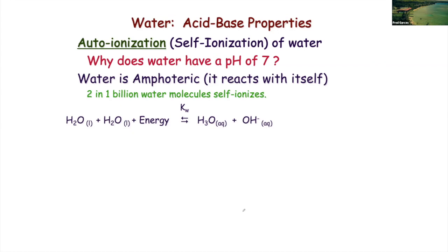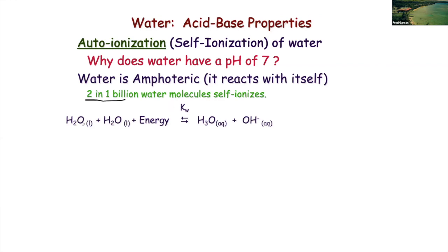Now, autoionization means that water will break up into hydrogen plus and OH minus. So it just instantly does it. If you have a beaker full of water or a cup full of water, 2 in 1 billion water molecules is going to auto-ionize or self-ionize.